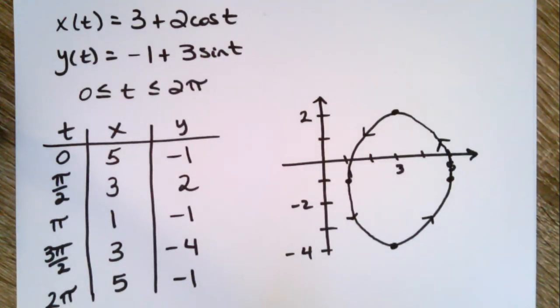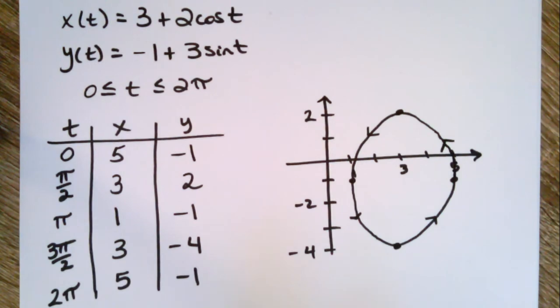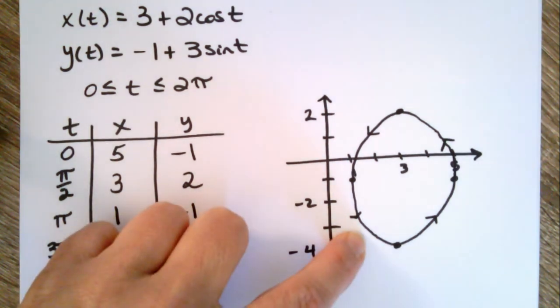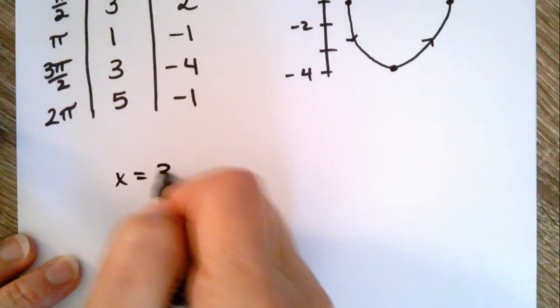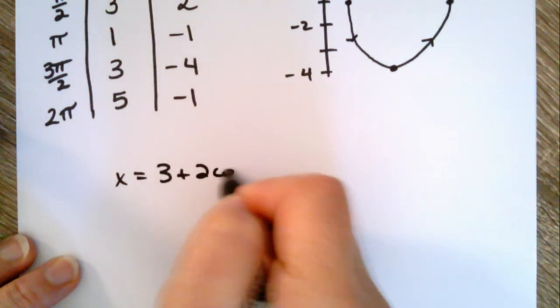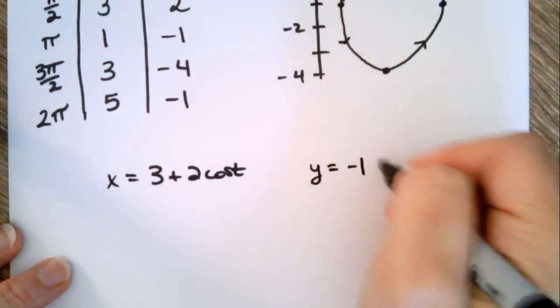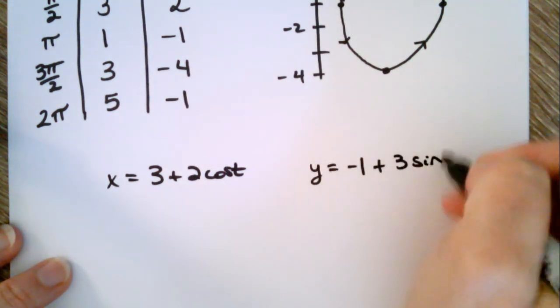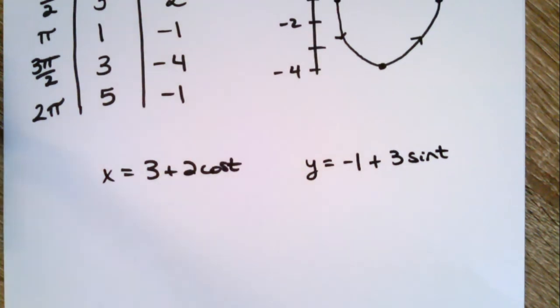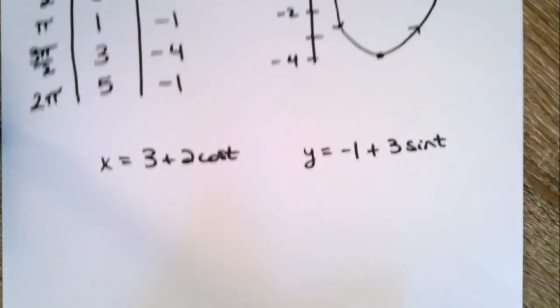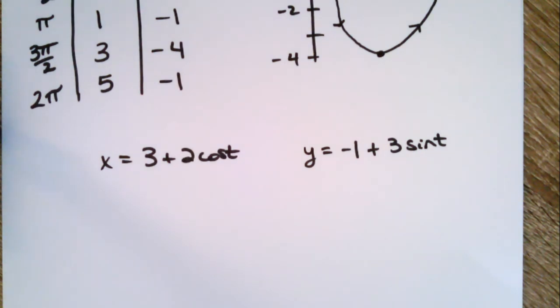But in fact, we're going to eliminate the parameter and see what this equation looks like as an equation of an ellipse. So I'm going to start with, let's write x equals 3 plus 2 cosine t, y equals -1 plus 3 sine t. To eliminate the parameter here, we're going to take a little bit of a different approach.